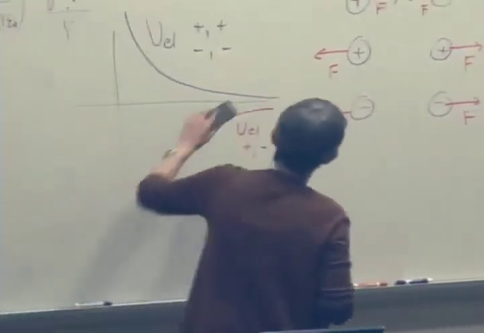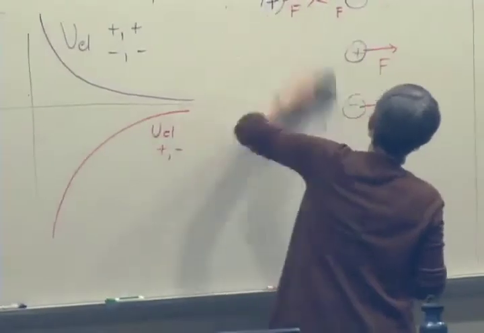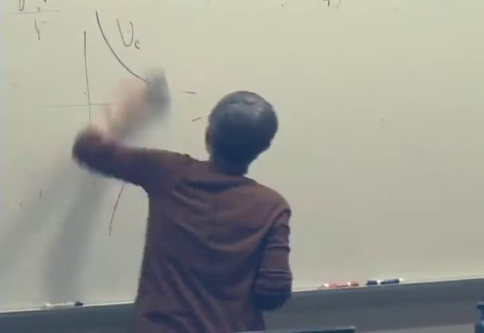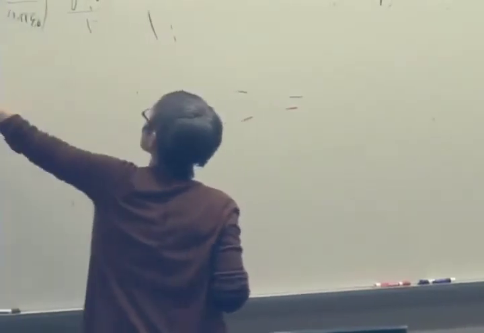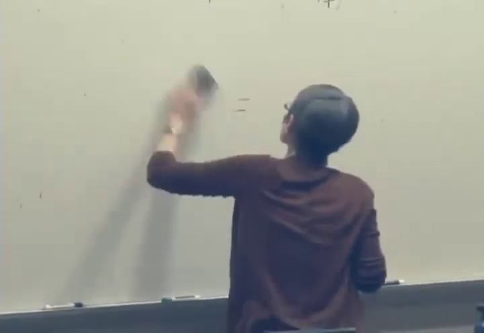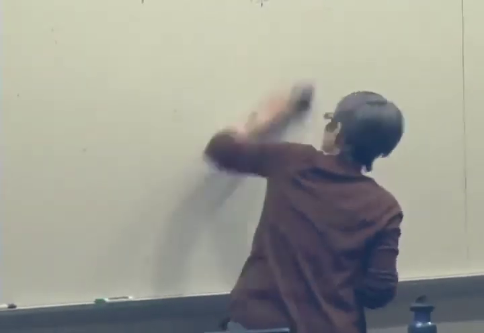Let's say we've got 2 electrons, and we start out with them far away from each other, heading toward each other, and they have the same speed.